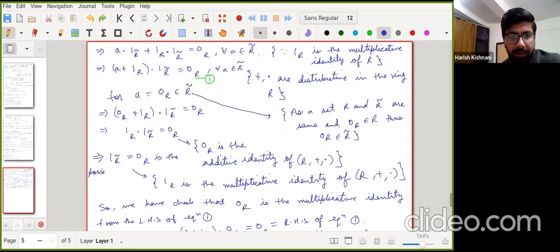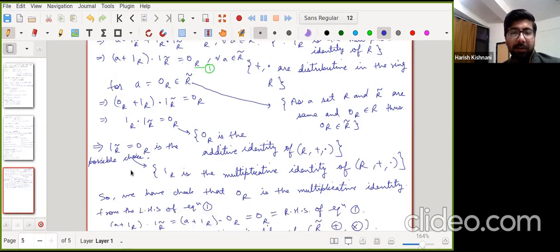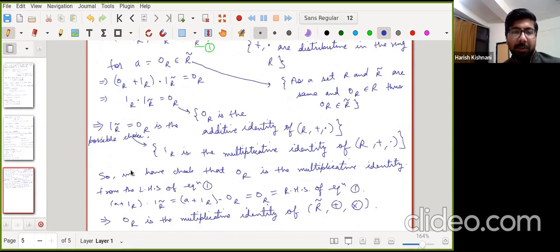So if something has to be the multiplicative identity, then it is just 0 of R. No other element will satisfy the multiplicative identity condition. When you put A to be 0 of R, it comes out that 1 of R delta has to be 0 of R. Now we have to check that this actually turns out to be the multiplicative identity.